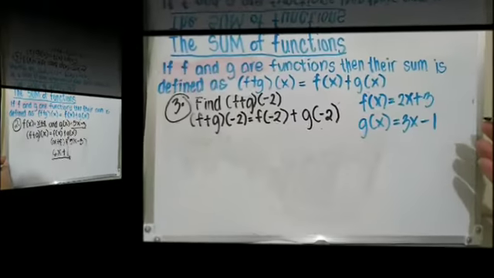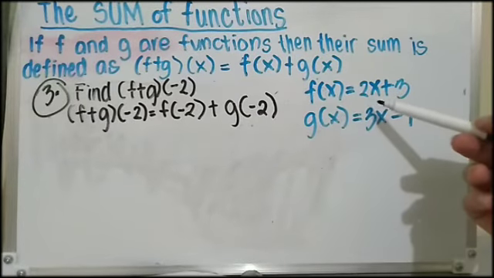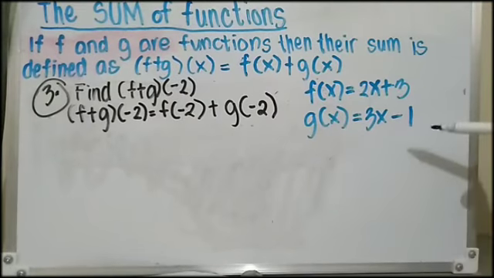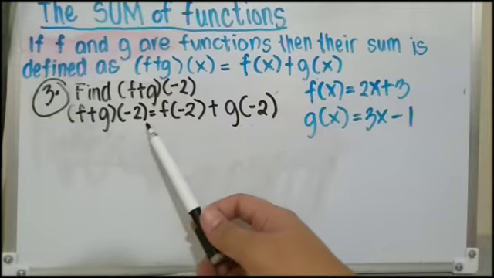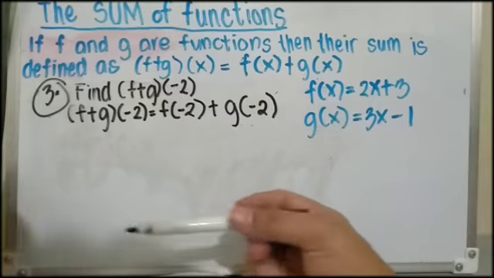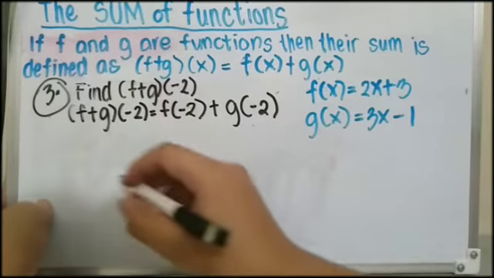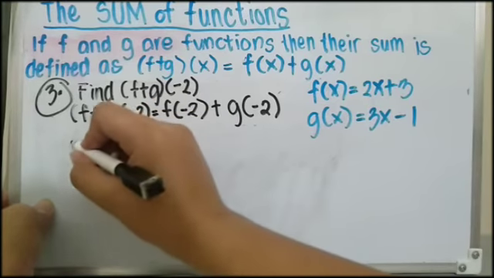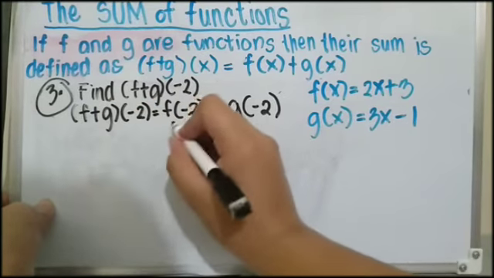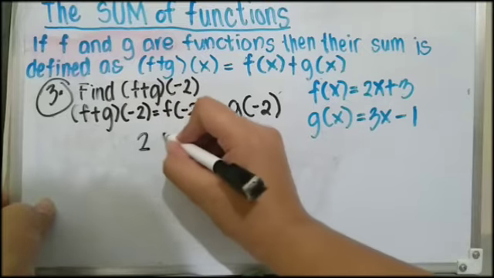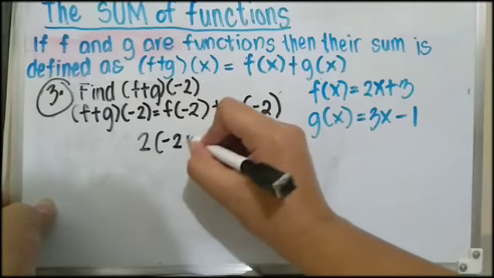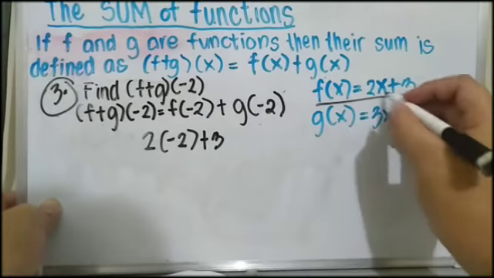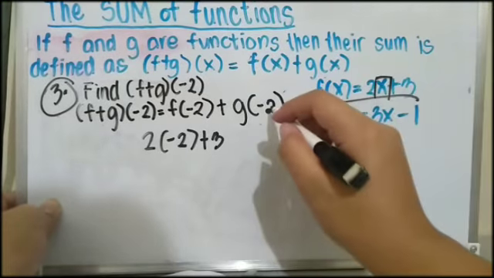For example number 3, let's say that f(x) is equal to 2x plus 3 while g(x) is equal to 3x minus 1. As you can see, the value of x is negative 2.